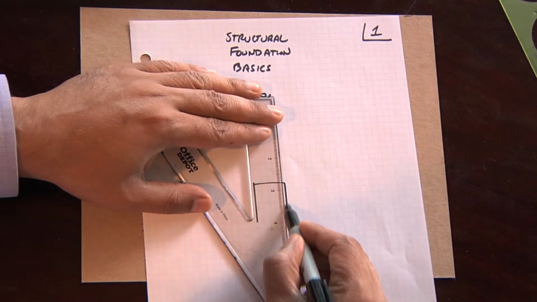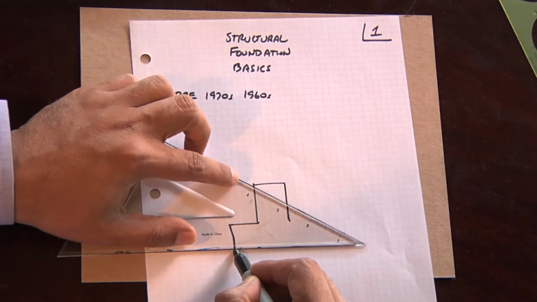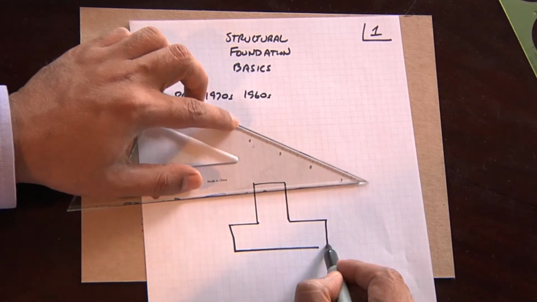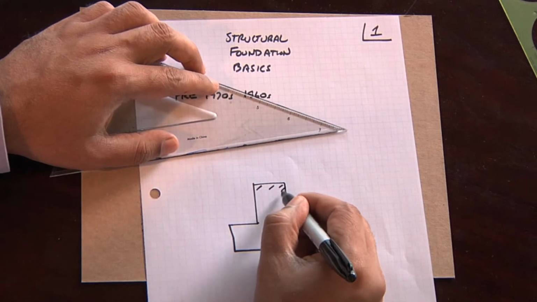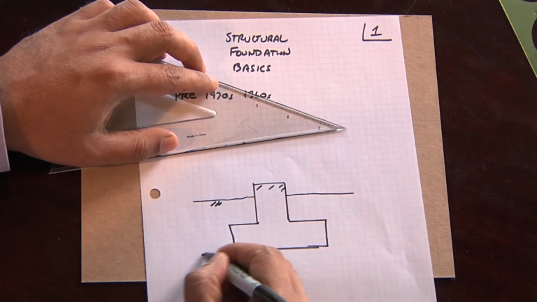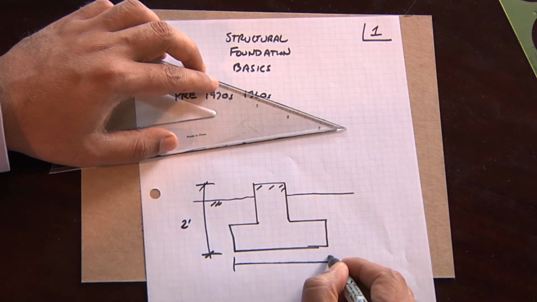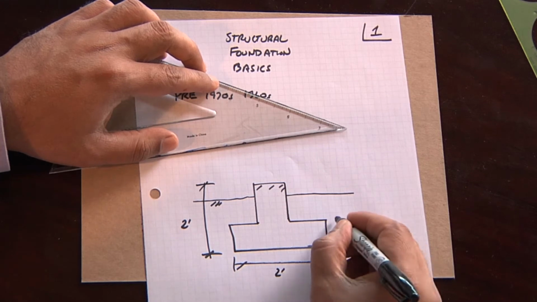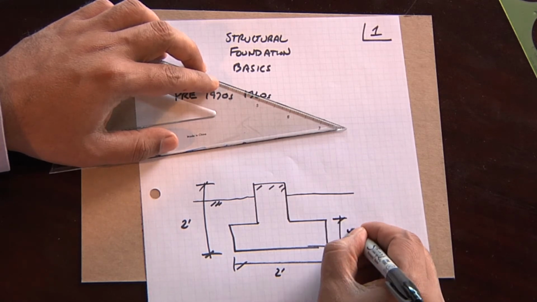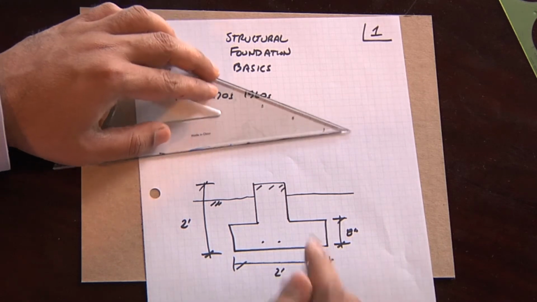We had what's called a raised floor foundation system. A raised floor foundation system consists of a footing, which is normally, say, 2 feet deep, with a base which is approximately 2 feet. A part of the footing here is about 8 inches thick, with a very minimal amount of steel.